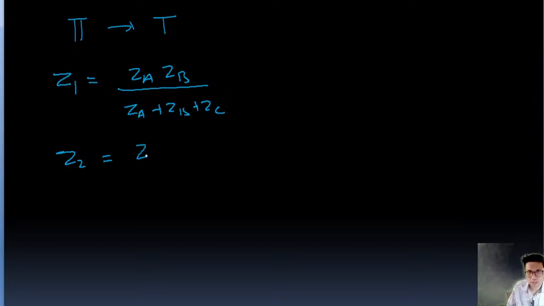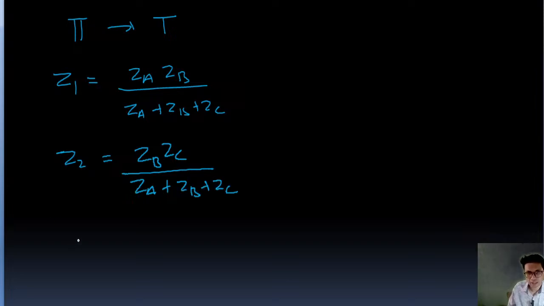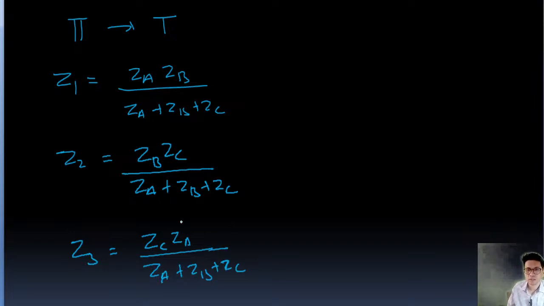Z2 is ZB ZC upon ZA plus ZB plus ZC. And similarly, Z3 is going to be ZC ZA upon ZA plus ZB plus ZC.